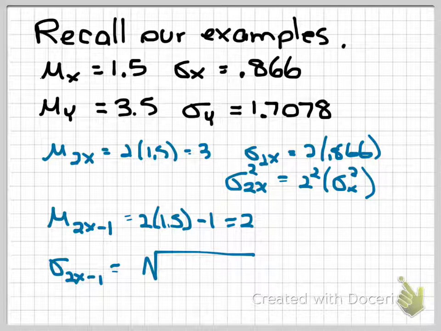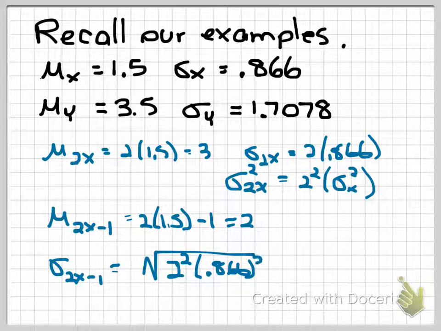The variance becomes b squared, or 2 squared, times the standard deviation squared, which is our variance. And notice that the minus 1 does not go along for the ride. We'll still come out with 2 times 0.866, so 1.732.